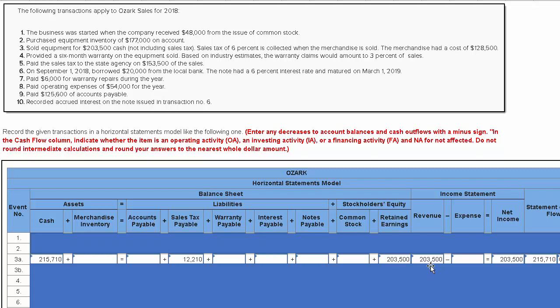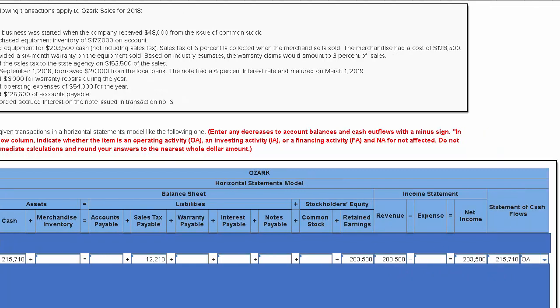Okay? Now, that obviously increases net income. The revenue portion is an increase to net income, which impacts retained earnings. I slid over a little bit so that you can see how you would show the impact on the statement of cash flows. Well, this is an operating activity, and it has a positive effect.